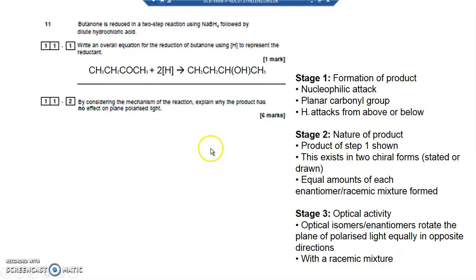So that equal chance creates equal amounts of each of the two enantiomers, and that's called a racemic mixture, where you get 50% of each enantiomer. Therefore, there's going to be no overall optical activity, because each of the two enantiomers rotate plane polarized light equally, but in opposite directions. So therefore you're going to get no rotation of plane polarized light with a racemic mixture.